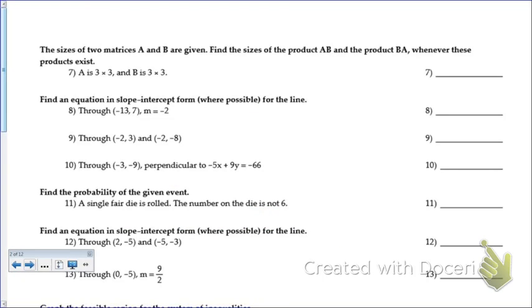Okay, number 7, it says the sizes of two matrices A and B are given. So they're both 3 by 3s. Find the size of the product AB and the product BA wherever these products exist.